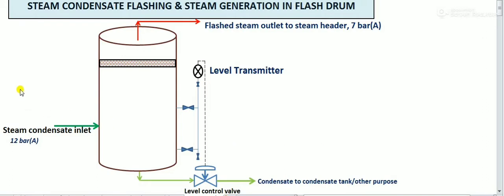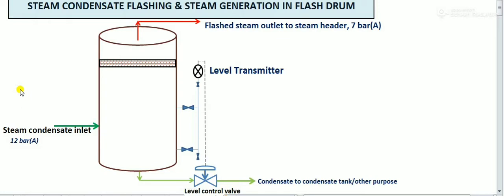So first of all, what is a flash drum? Flash drum is nothing but the liquid, which is at a high pressure, is introduced into a low pressure system.